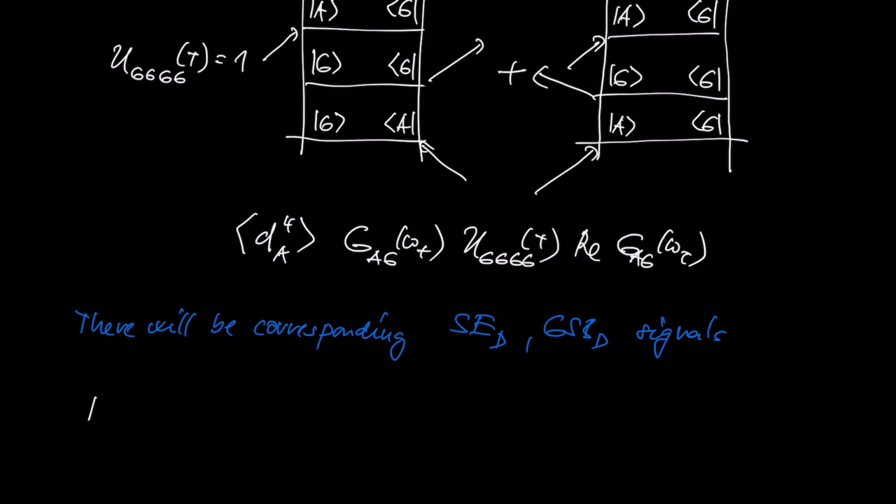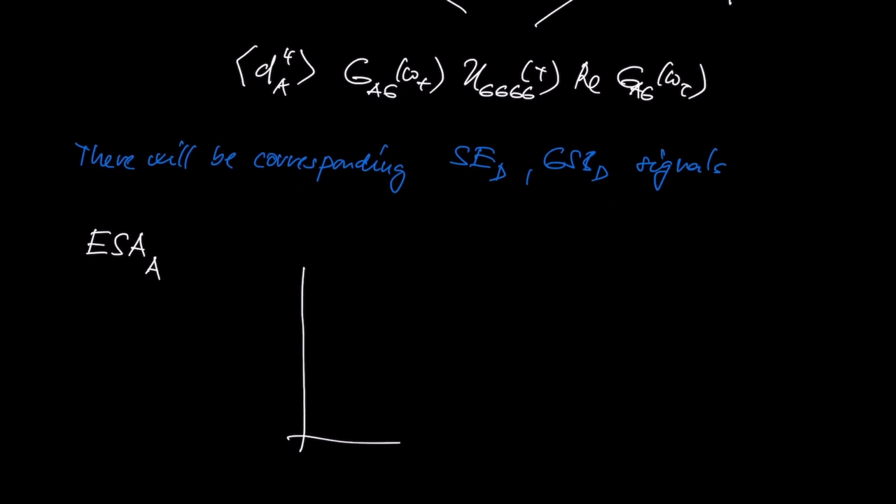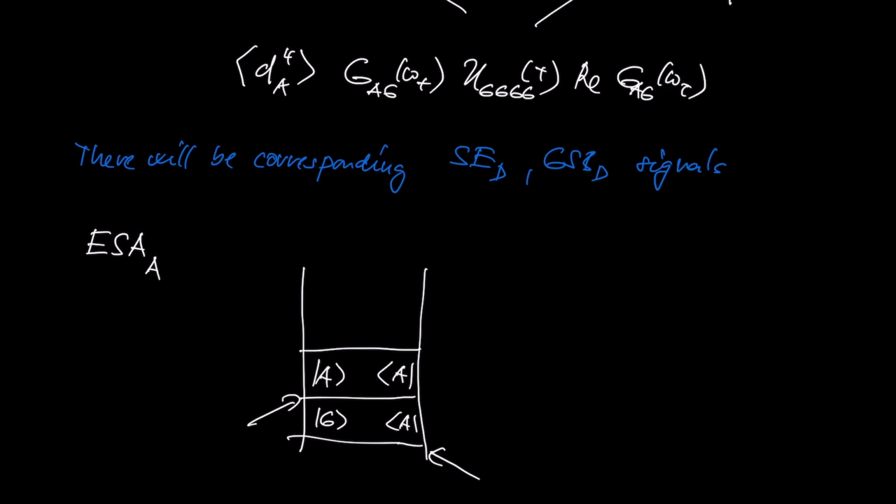However, we will try to look at the excited state absorption, which starts with exciting the acceptor. So there we will have the following. The rephasing part will be exciting A, G, then exciting A. So now I am basically in a state in which A is completely excited and D is not excited.